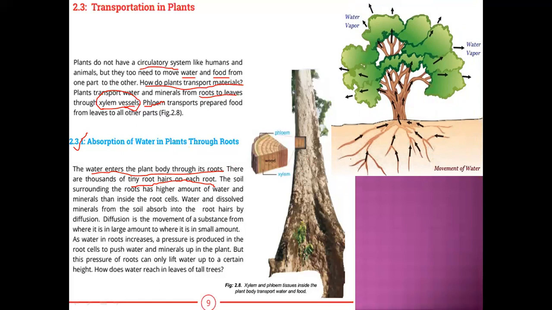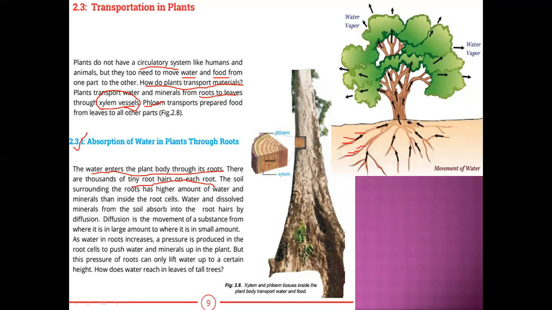You see these are the roots, but in the next pictures we will see what root hairs actually are. Root hairs are very small extensions on the root. On every root there are lots of root hairs present. And these root hairs are very thin, a very thin layer, so that water can be easily absorbed through these root hairs into the roots.